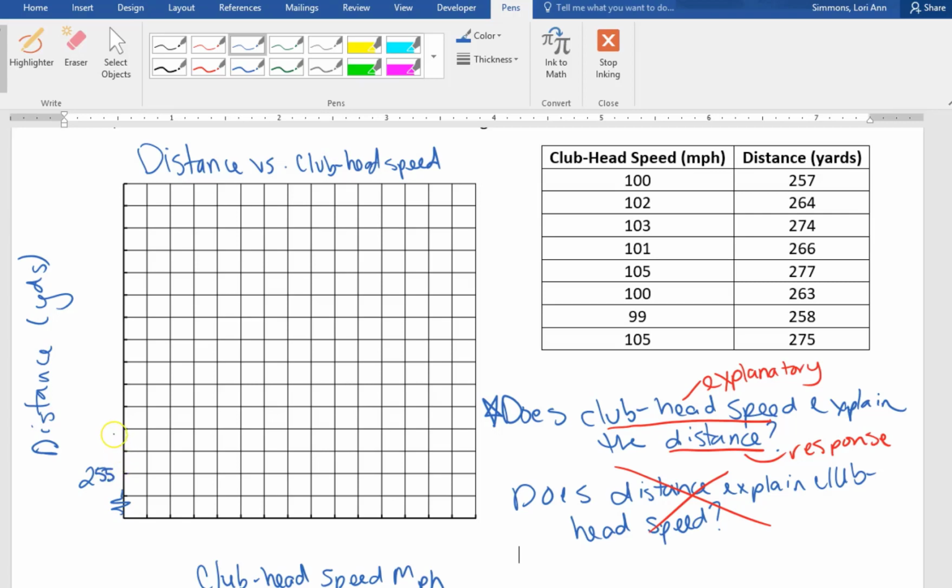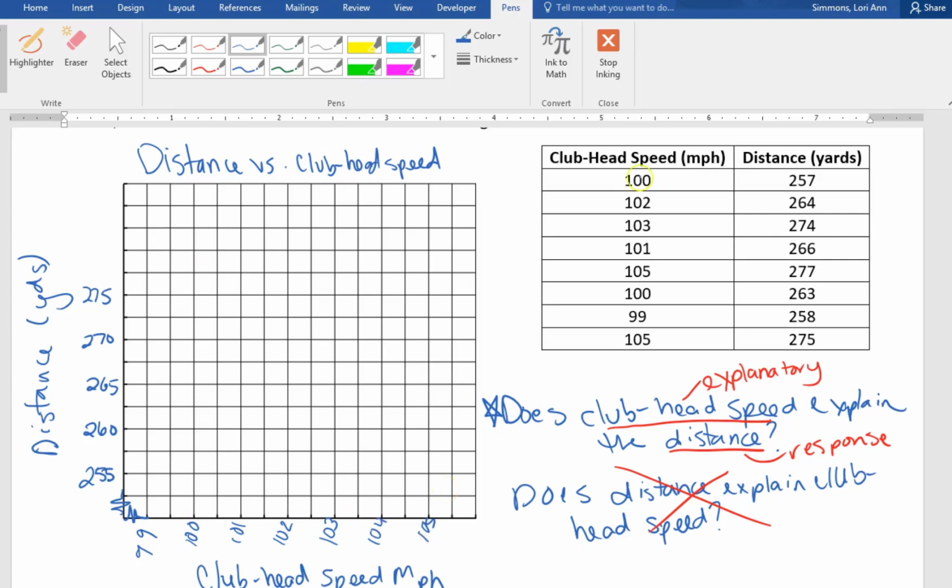I'm going to go by 2.5s. So I'm going to skip a line and add 5. And that's the same thing on the horizontal. I'm going to do a break again because we're starting off at 99 and we're going to 105. So I'm going to go up by 0.5. So basically I'm skipping a line and adding 1. Just so it's a little bit more spread out and not all crunched together.